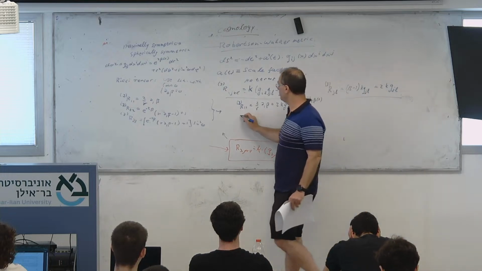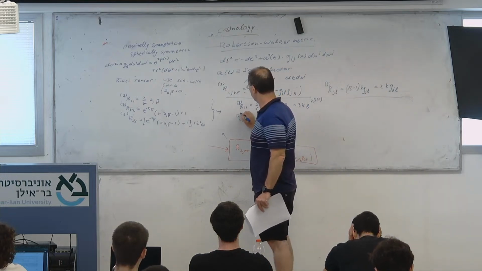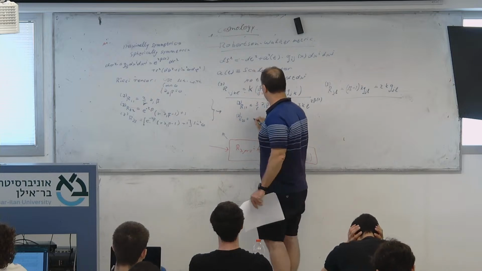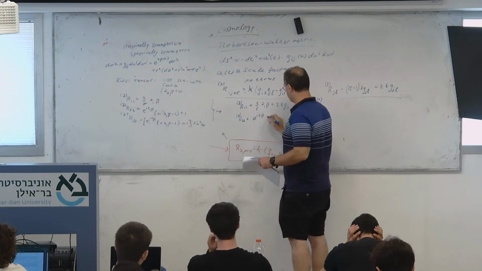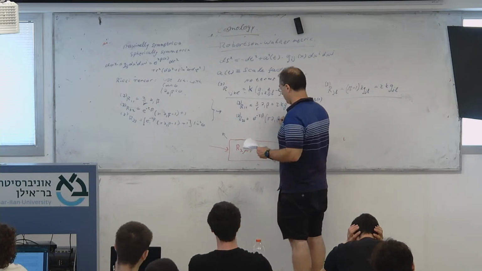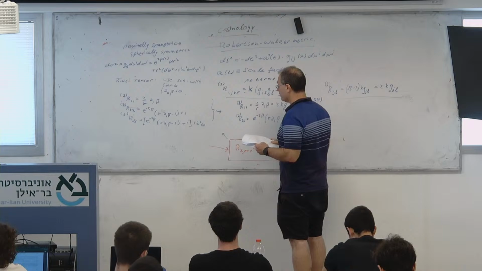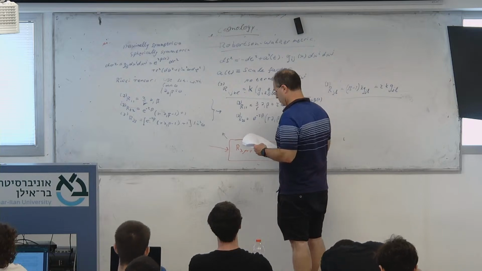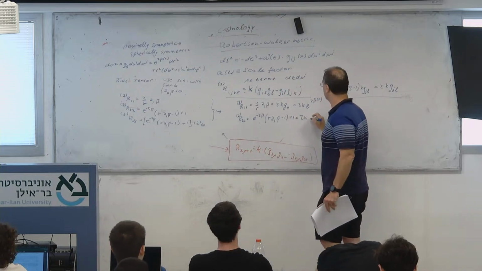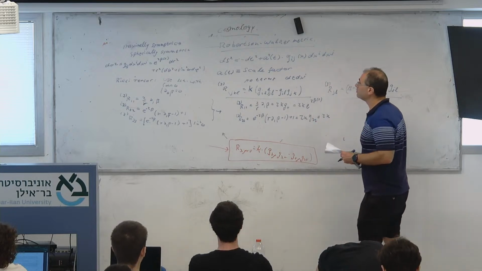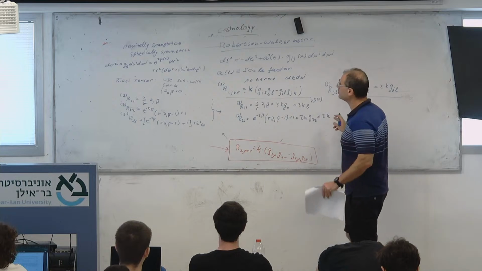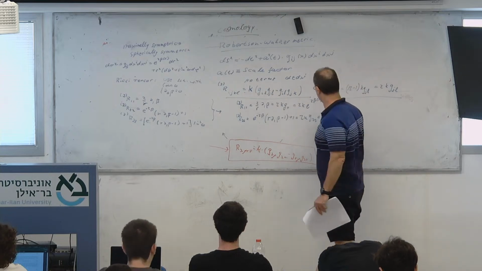And R22, e to the minus 2 beta, r d1 beta minus 1, plus 1, is equal to 2K g22, and g22 is just r squared.